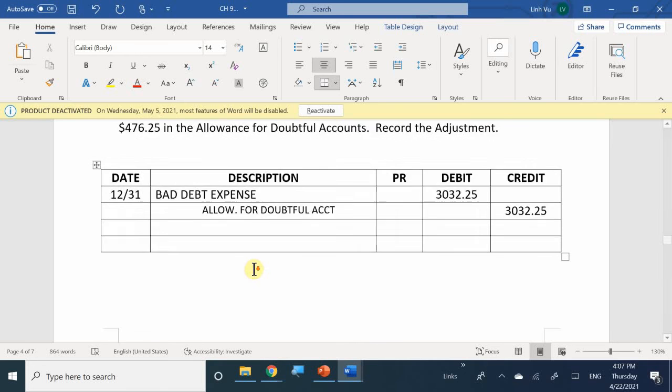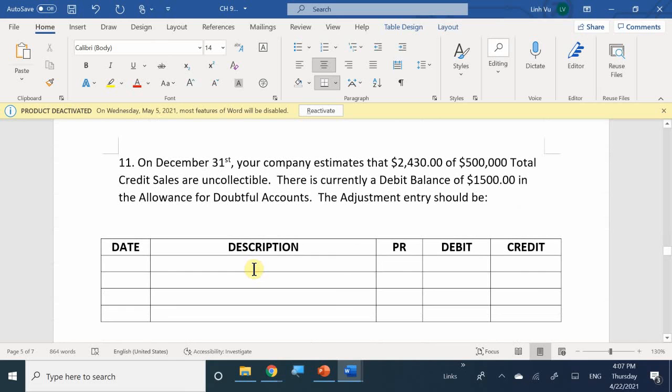Okay. That was a little tricky, so let's go ahead and practice more on doing the bad debt expense. So, number 11, on December 31st, your company estimates that $2,430 of its $500,000 total credit sales are going to be uncollectible.